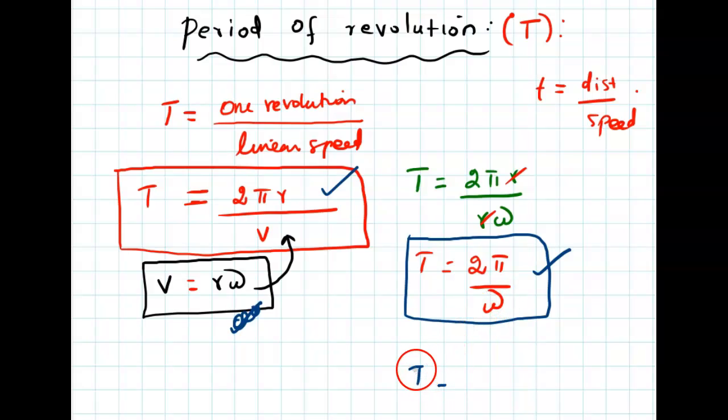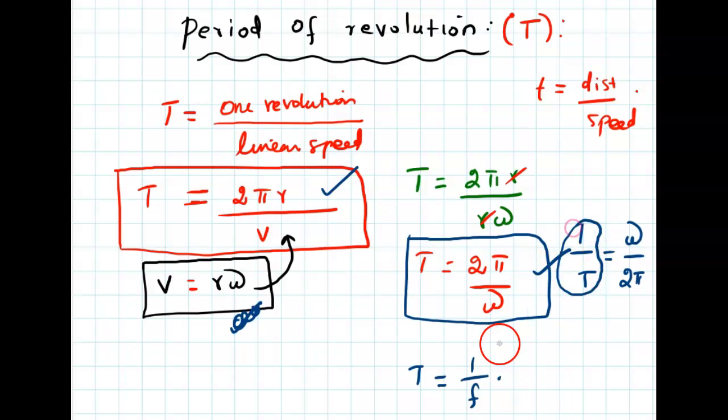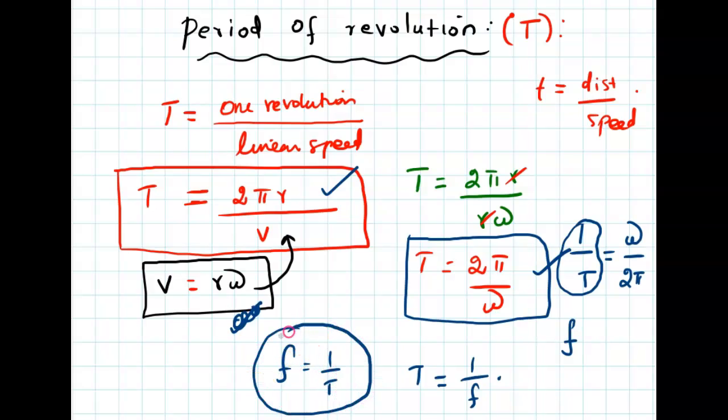Then the next formula is T is equal to 1 over frequency. If you want to find the frequency, you have to take the reciprocal. So 1 over T is equal to omega over 2 pi. This 1 over time period is frequency, because of the inversely proportional relation.